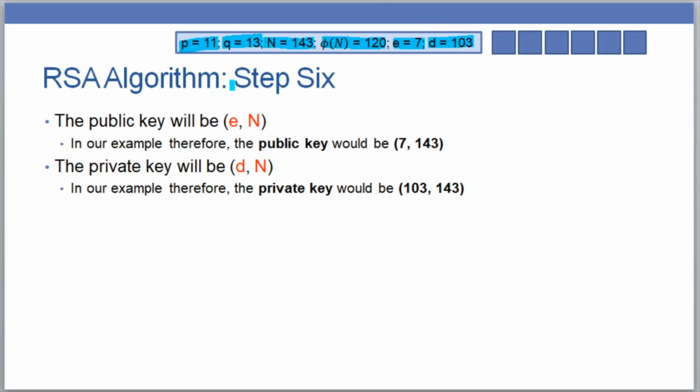The public key will be the pair E, N. Therefore, in our example, the public key would be 7, 143. The private key, meanwhile, is the pair D, N, meaning it is 103 and 143 in our case. And thus, we have generated the two keys for encryption.